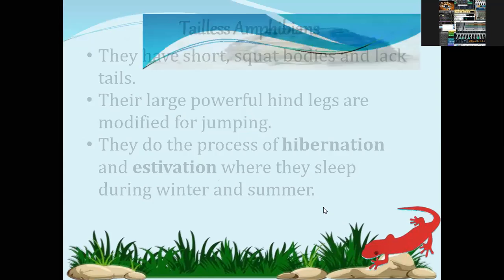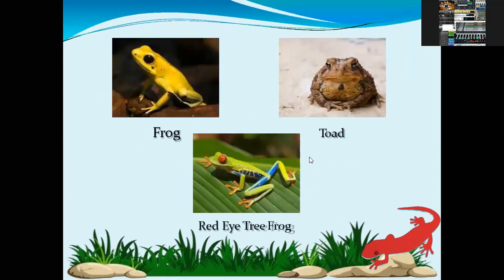Okay, these are a few characteristics of tailless amphibians. Look here, these are frogs. This is a frog found in the jungle. This is a toad. Toad is also one frog category. This toad comes in the rainy season, and in Nepali it is called bang. It makes a big sound, and due to that sound it is very famous.